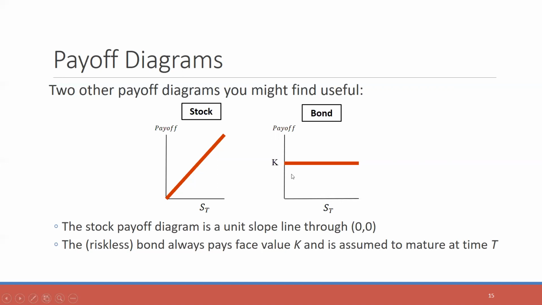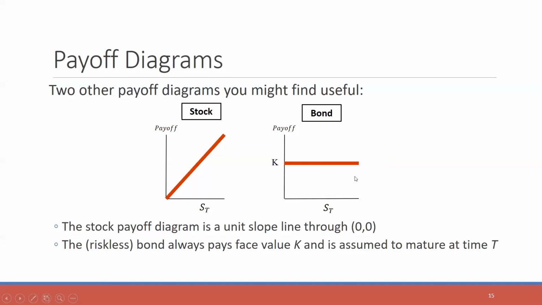Suppose that we think about this less in terms of stocks and bonds and more in terms of a credit card. If I told you that your credit card had a value of $500 on it, you're not going to pay 501, you're not going to pay 502, you're only going to pay off the face value of the debt. And that's sort of the same intuition. That's why it's this flat line.